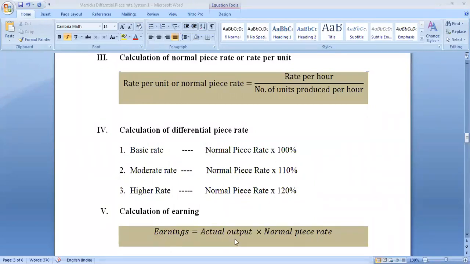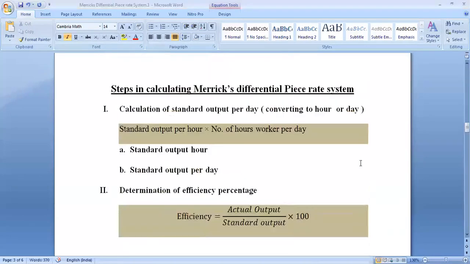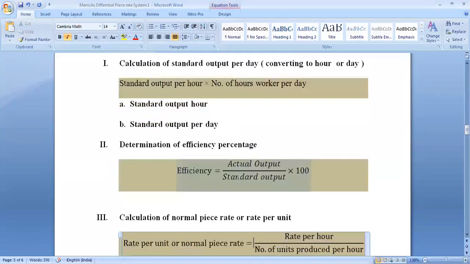Okay, let us see one problem to understand this method. So these are the 5 steps. First, we have to calculate the standard output per hour, then standard output per day. The second step is to determine the efficiency percentage.